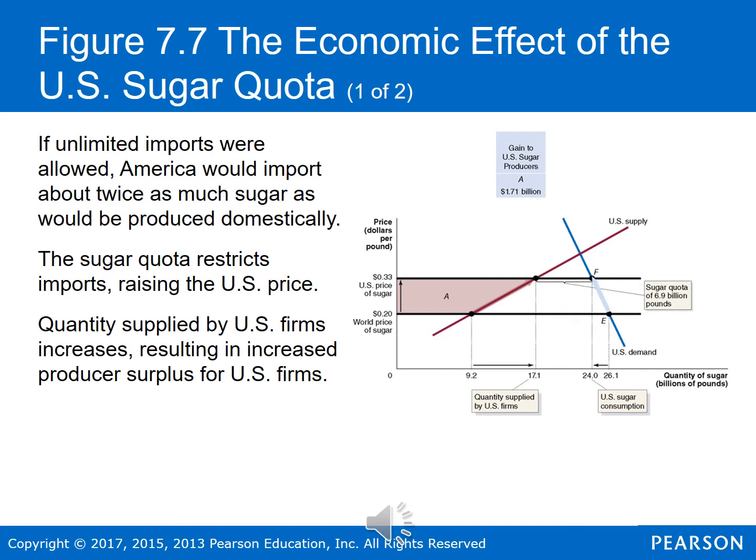At that point, U.S. sugar consumption is 24.0 billion pounds, which is the U.S. production plus 6.9 billion pounds, because that's the current sugar quota we have. So you end up with greater production by U.S. firms, lower consumption by U.S. consumers, and higher prices than consumers would otherwise pay.